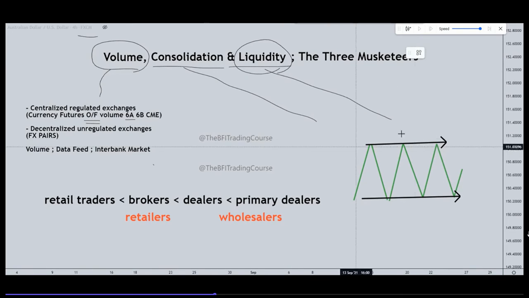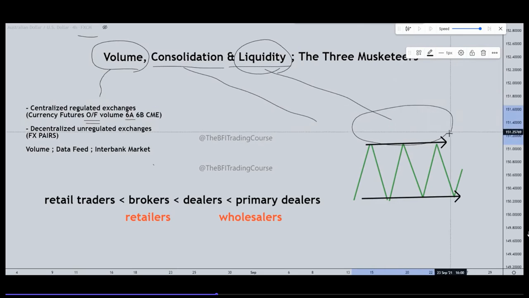Well, we'll just say sellers selling support have a buildup of stop losses above here, which is liquidity. Maybe sellers selling resistance here. Maybe buyers buying support down here have their stop losses, baby pip style, below support.